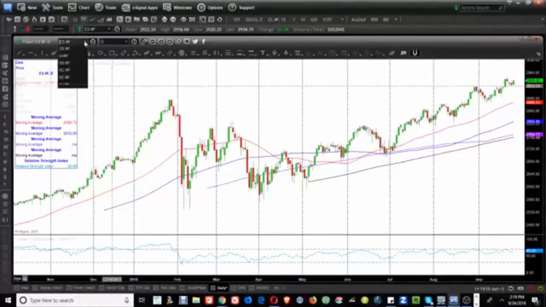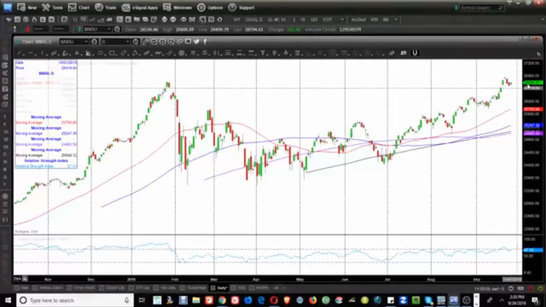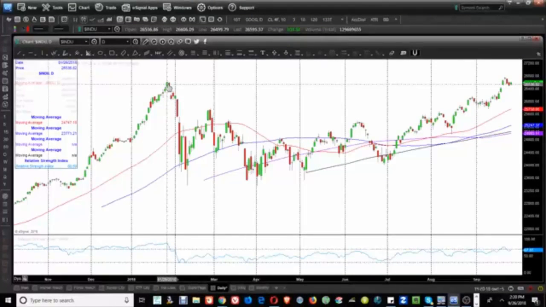Okay, let's look at the Dow. It's 26,595. It's basically the same thing as the S&P. The interesting thing about the Dow is it's below this pivot point over here, which is not a great sign, this high in January 2018.